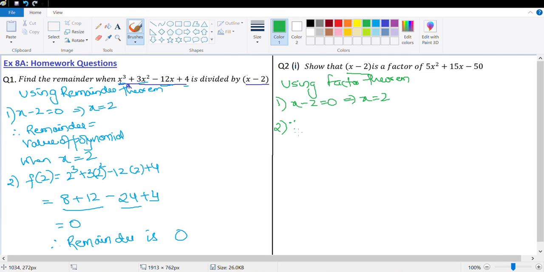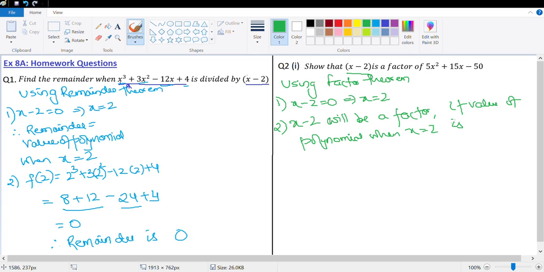Now, x minus 2 will be a factor if value of polynomial when x is equal to 2 is 0, which means basically the remainder has to be 0.